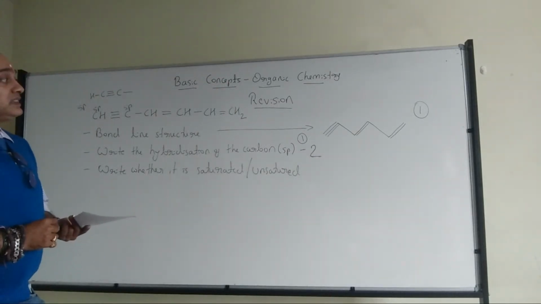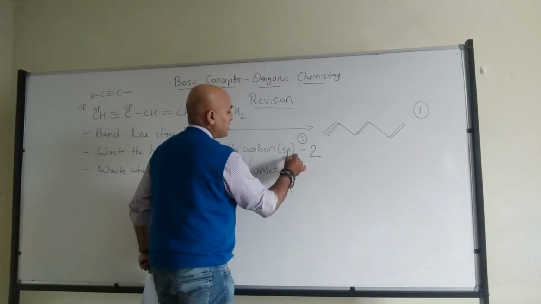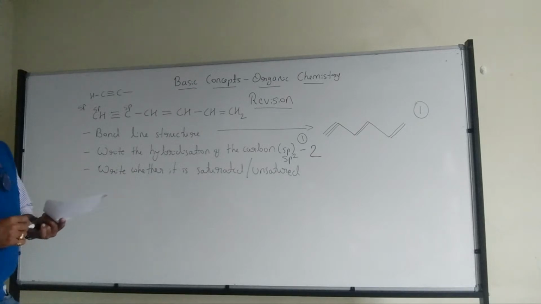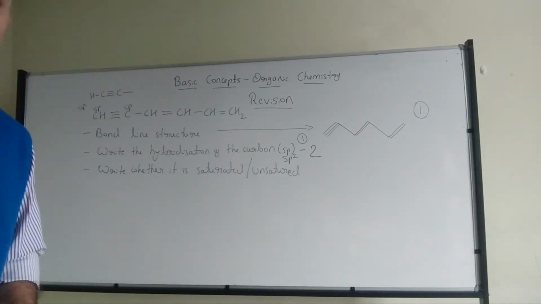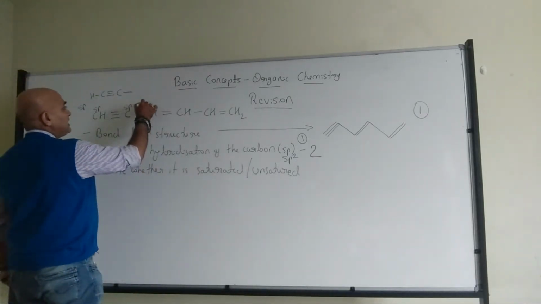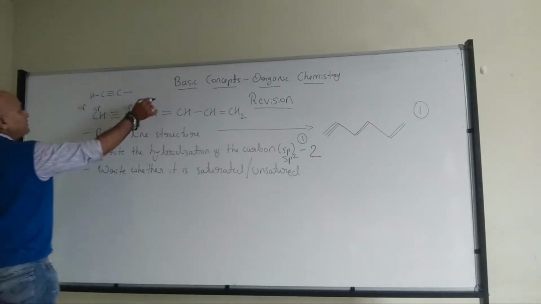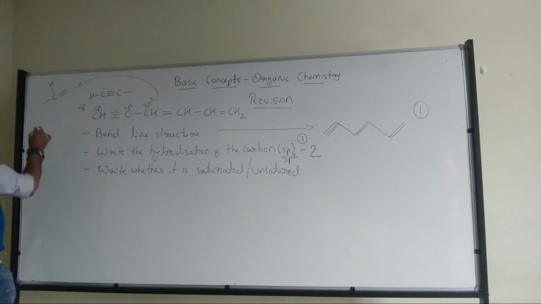Now, they might have asked about sp3 or sp2. They might have asked about the number of carbon with respect to sp2 hybridization. In that case, I can see sp2 present over here because this carbon, imagine I will be writing here, hydrogen is there and double bond, right?